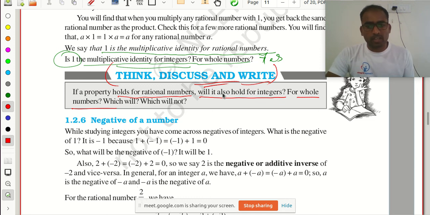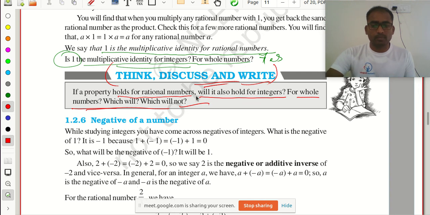For rational numbers some properties hold, for integers some properties hold, in addition, subtraction, multiplication, division, commutativity, associativity, closure and distributivity. Whole numbers will be somewhat different. So there is no guarantee that if it holds for rational numbers it will also hold for integers and whole numbers.